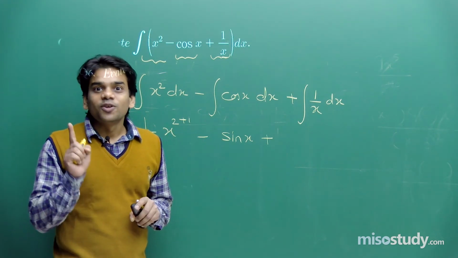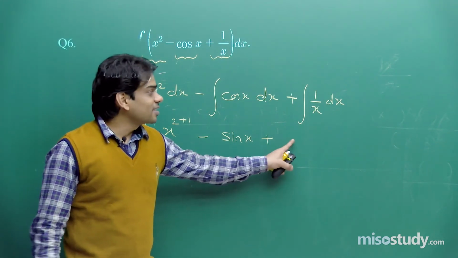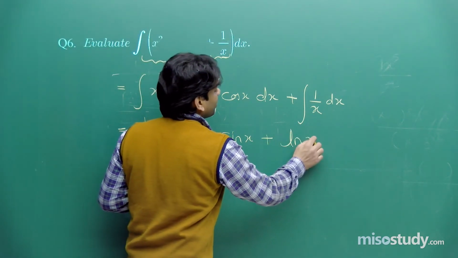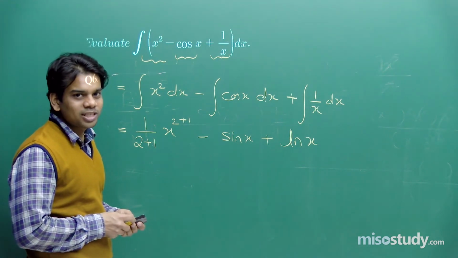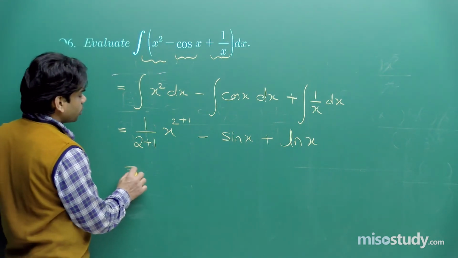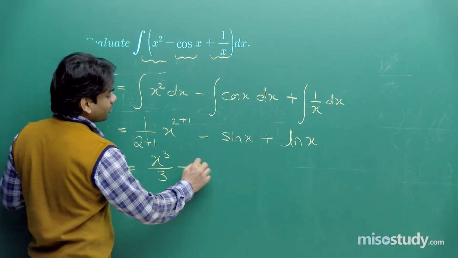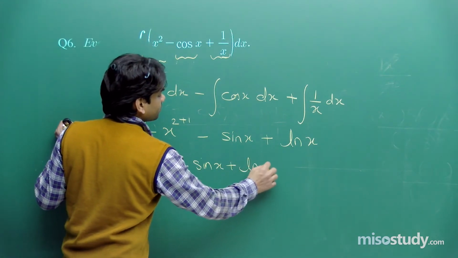I told you the only exception is n equal to minus 1. In this case, the integration is ln x. So write here ln x, that's the logarithmic value of x, and the base is exponential, that is e. Put up the values and we get x power 3 divided by 3 minus sin x plus ln x.